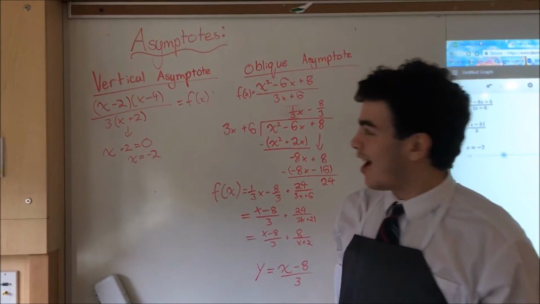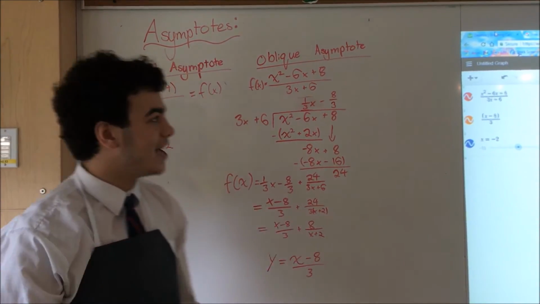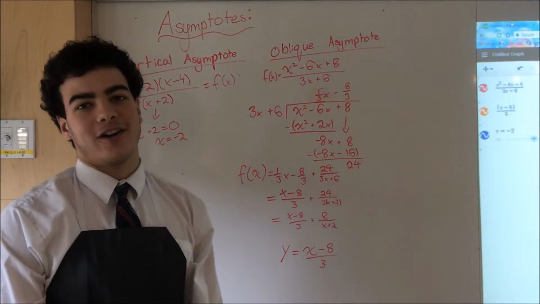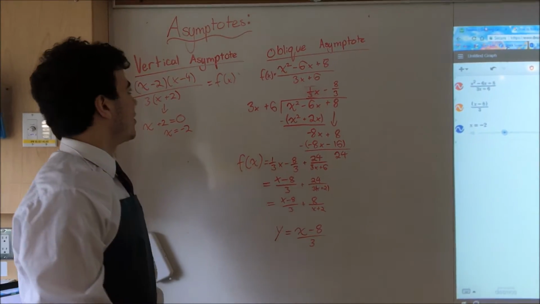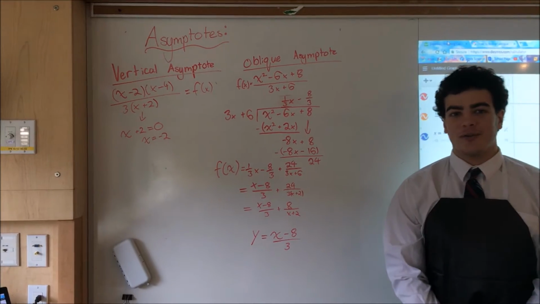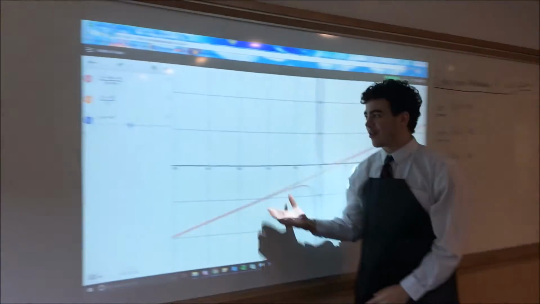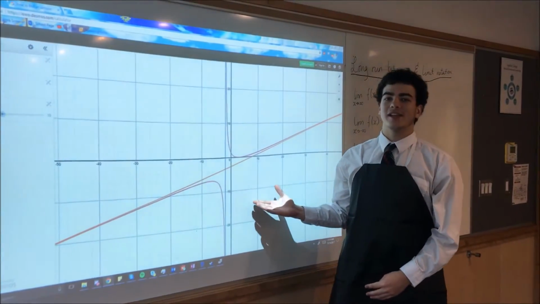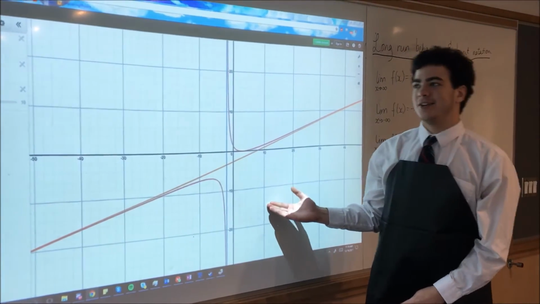Hello, I'm going to go over the asymptotes of our element now. We know that our element here on the graph has an oblique and vertical asymptote.